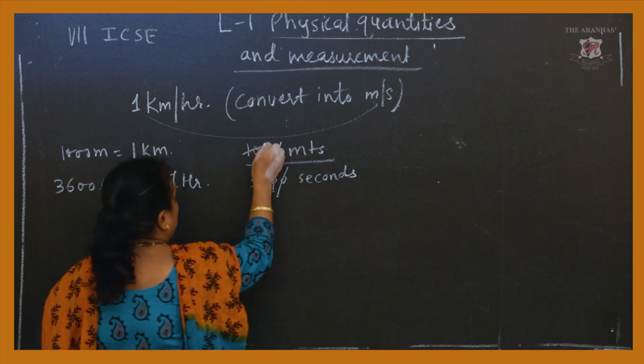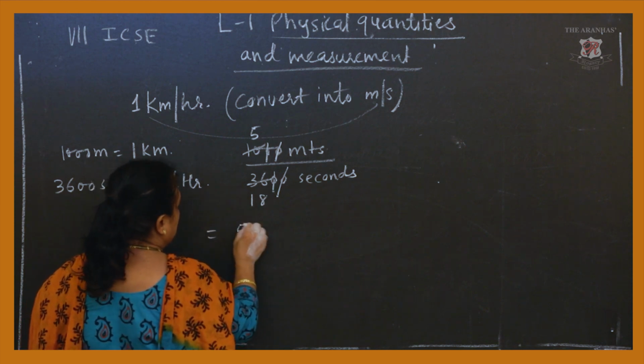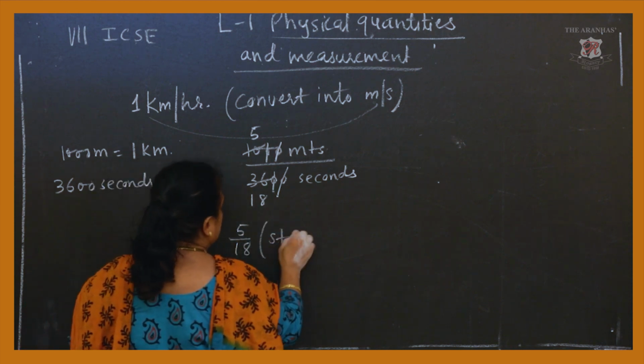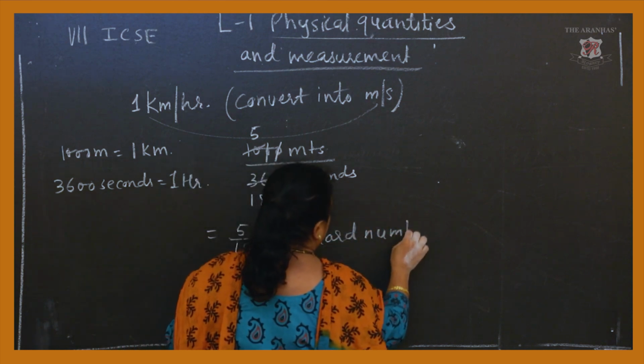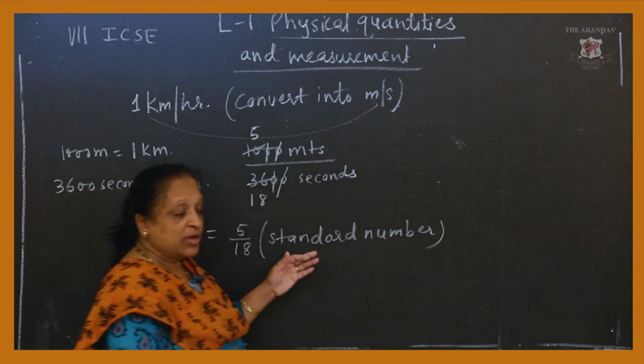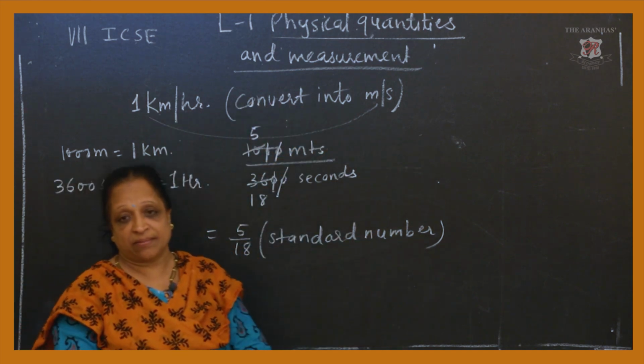So then we have 2 5s are 10, 2 1s are 2, 2 8s are 16. So 5 by 18 is the standard number, we can say, to convert kilometer per hour into meters per second.